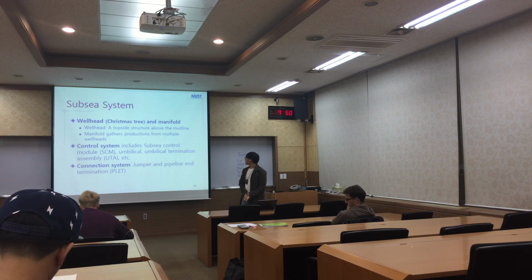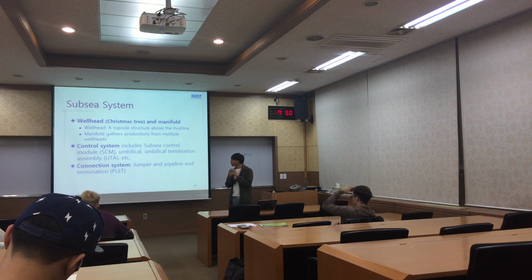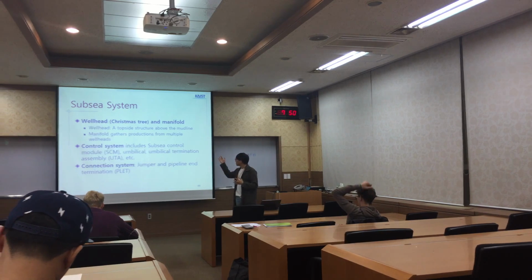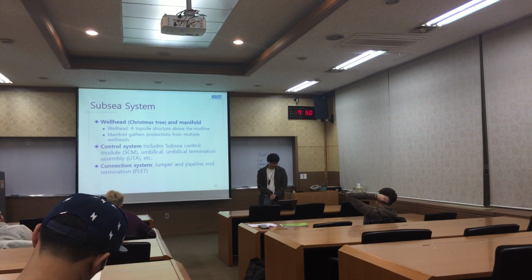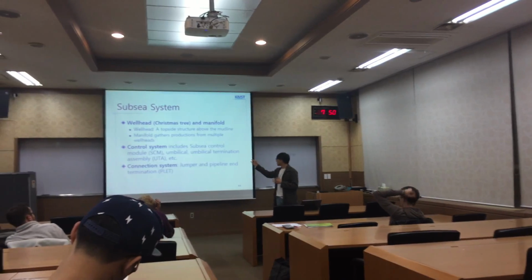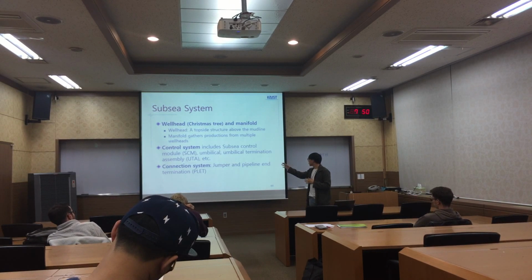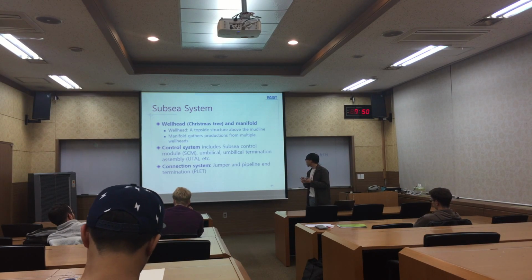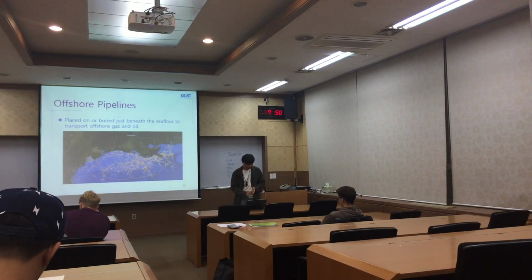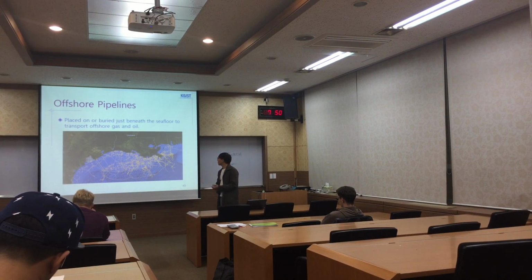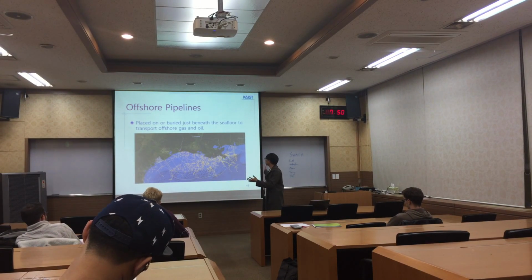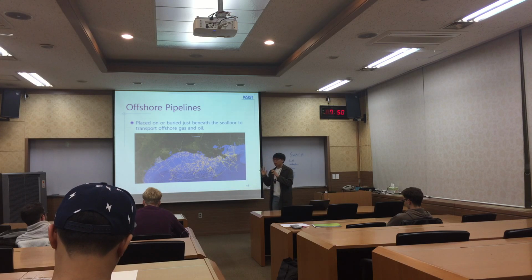And manifold is something gathering production or valves from the multiple wellheads. And there are also control systems, something called SCM or UTA, and connection systems like PLET. As we all know, there are many offshore pipelines.